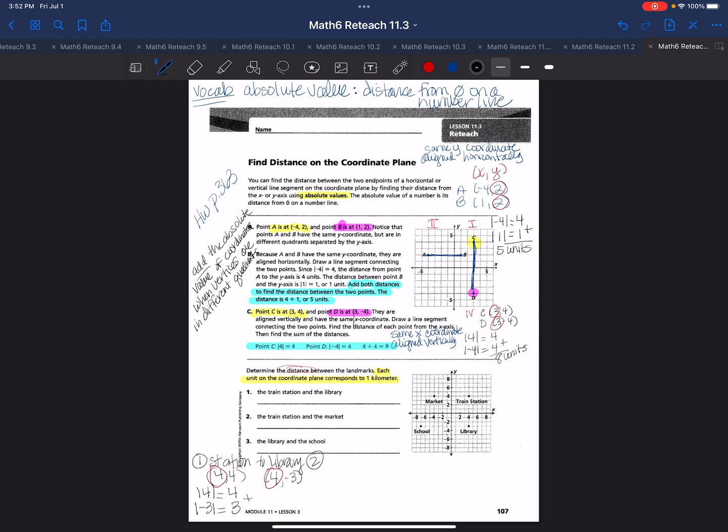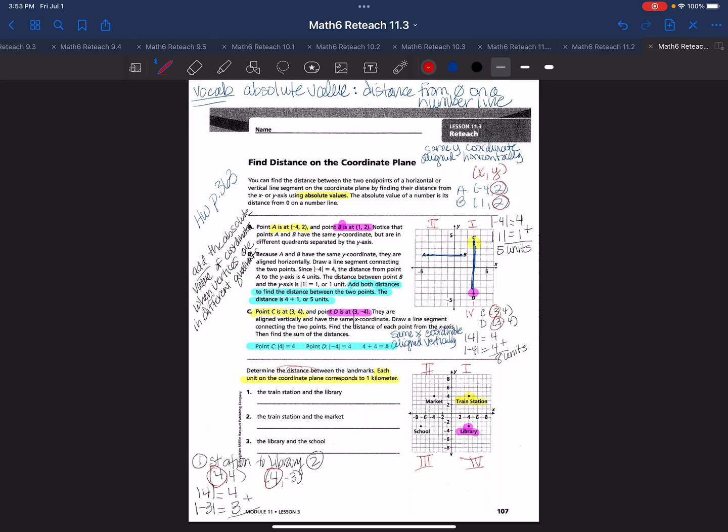And then I need to add them together because the train station is in quadrant 1, and the library is in quadrant 2. So they're in different quadrants. Remember, this is quadrant 1, this is quadrant 2, this is quadrant 3, and this is quadrant 4.